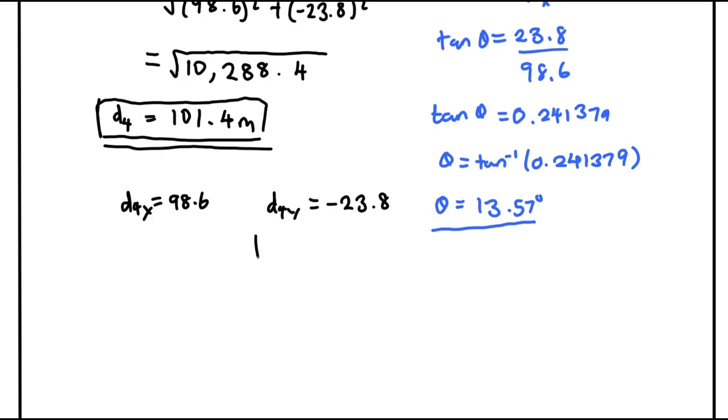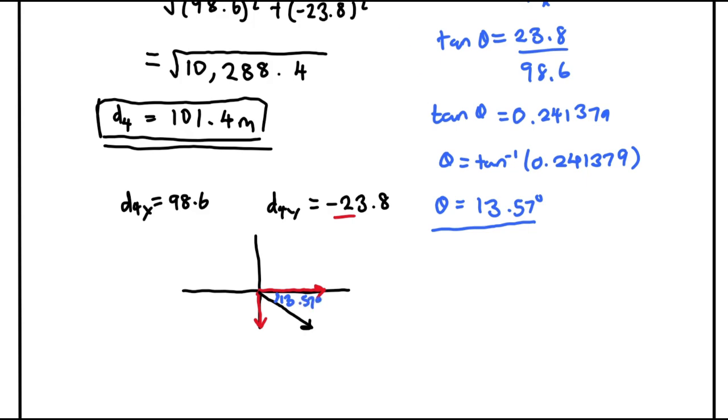Draw ourselves an axis, then we check. d4x is 98.6, which is positive, so it has to go in this direction. d4y is negative, meaning it goes down the y-axis. That makes d4 itself has to lie in this quadrant. But remember that this angle theta always relates to the x-axis, so it is here.